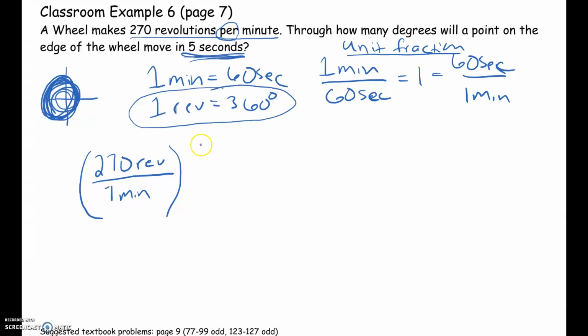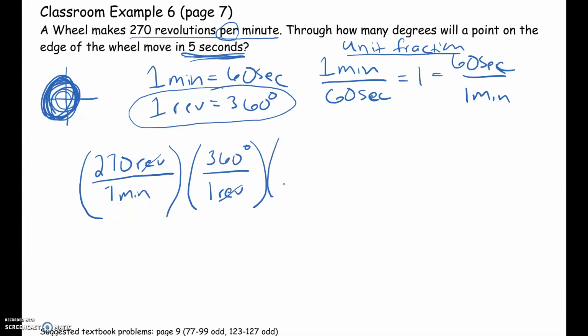So let me multiply it by the unit fraction 360 degrees over 1 revolution. That equals 1. When I multiply these together, I'll be able to cross out my revolutions and have an answer in degrees per minute. But I don't want it in degrees per minute, I need degrees per second.